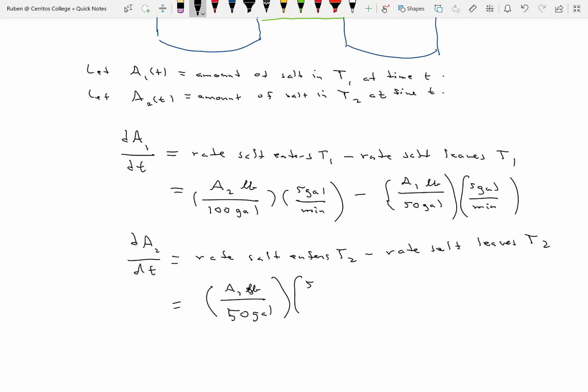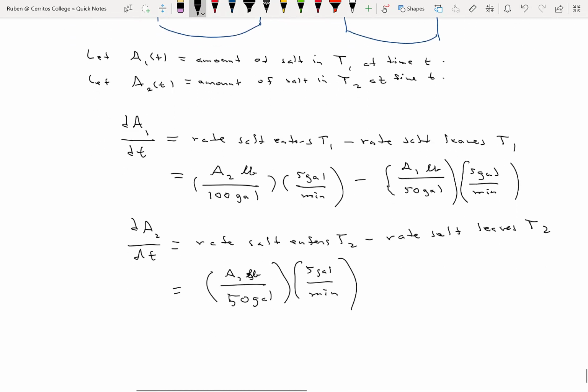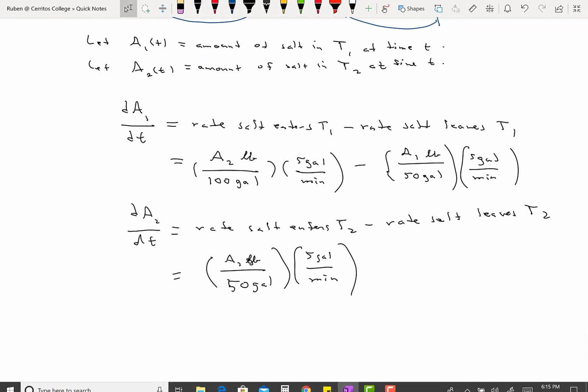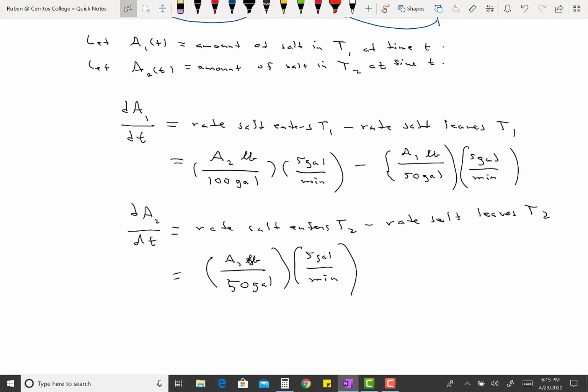And the rate at which the volume is entering T2 is 5 gallons per minute. So again, the rate at which salt enters T2 from T1 is the pounds of salt in T1, A1, divided by the volume of T1, which is always 50, times the rate at which liquid enters T2.